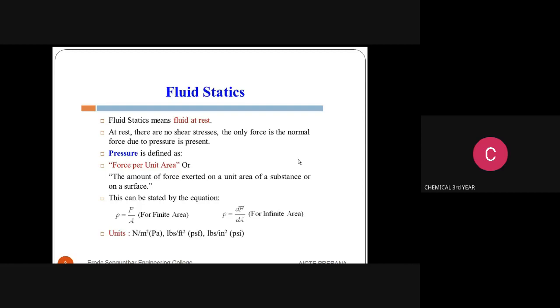So P is equal to dF by dA. Normally the unit of pressure will be Newton per meter square, which is nothing but Pascal. This is the SI unit of pressure. Likewise, CGS and MKS units are given here.